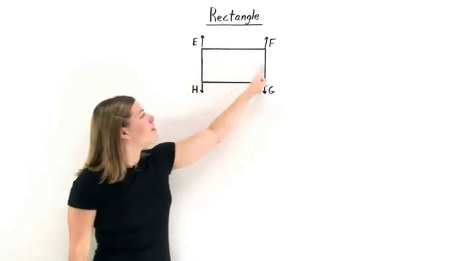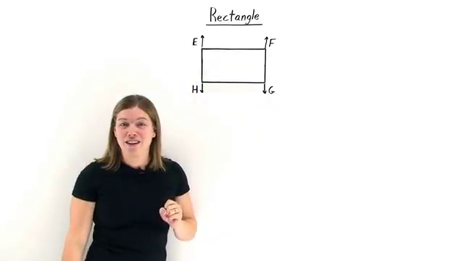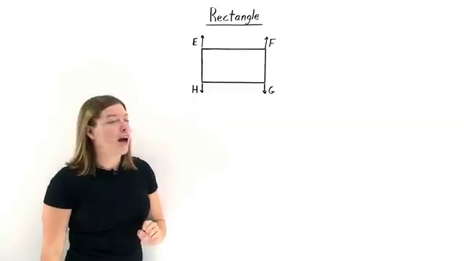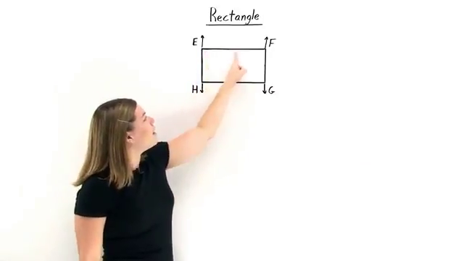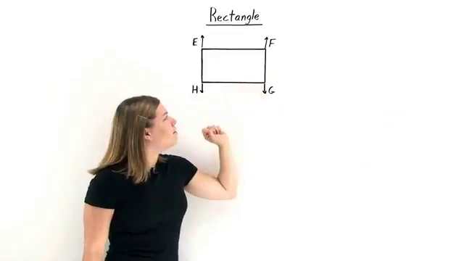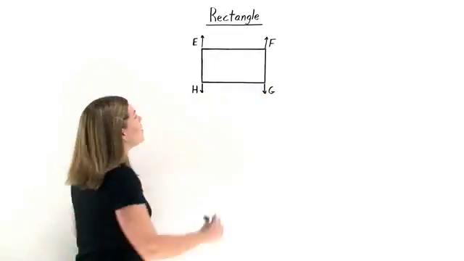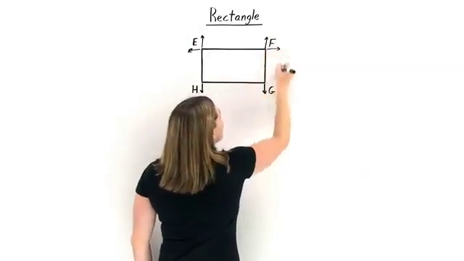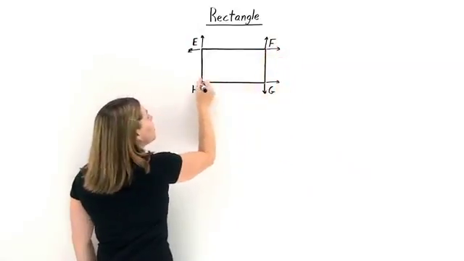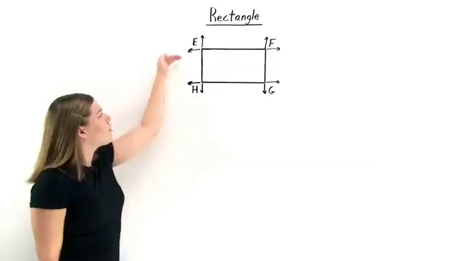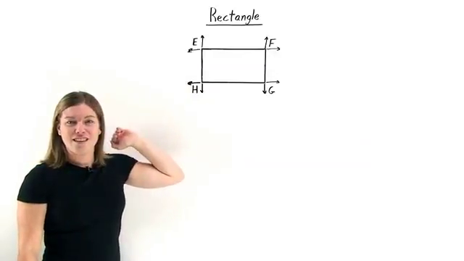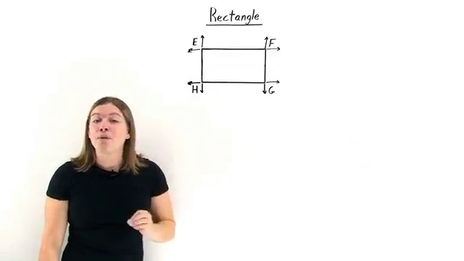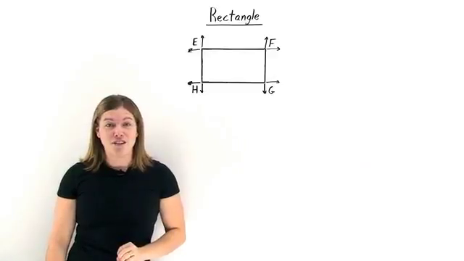So, these opposite sides are parallel to one another. But what about the other sides? Well, if we look at this side and this side, it looks like those sides are parallel to one another too. And in fact, if we extend out those sides in either direction, we get another set of parallel lines. So in this figure, the opposite sides are parallel to one another.